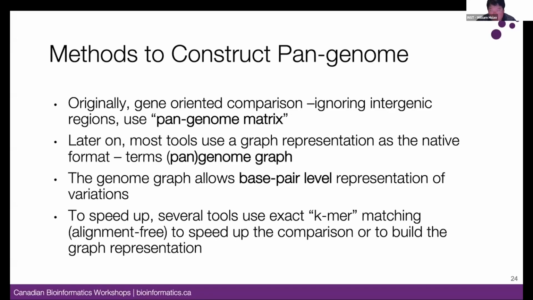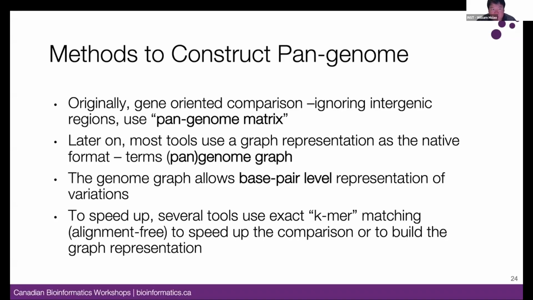So now let's switch gear a little bit and look at how we can construct these pangenomes and what the general approach is. Originally, gene-oriented comparison was used, right? It ignored the intergenic regions, and this can be done using a pangenome matrix, as we see in the next slide.